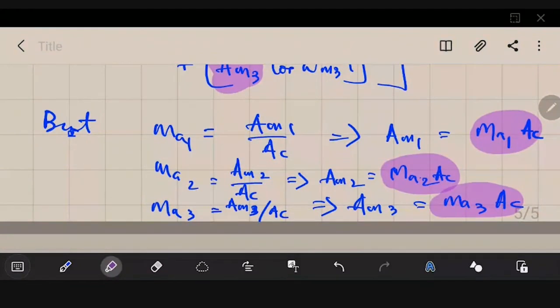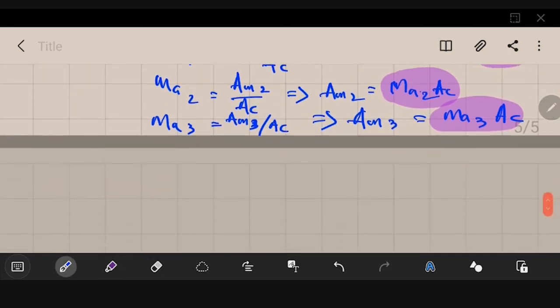Let me do that. Let me replace that and write this in the new form. So I can write PS is equal to 1/2.